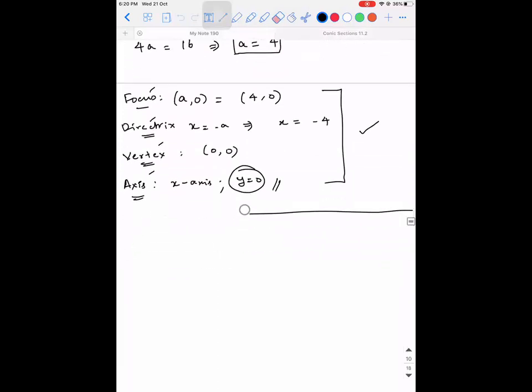In addition to that, I'm going to explain some more concepts. One is called as latus rectum. Okay, write down this word.